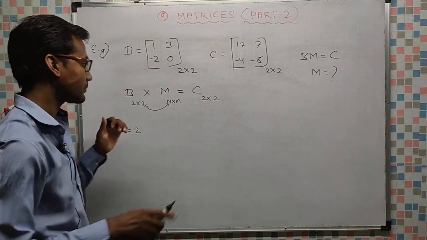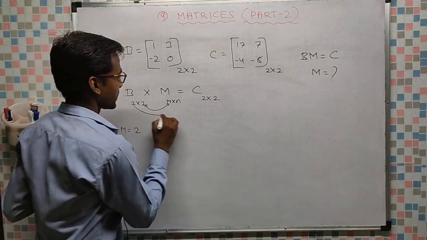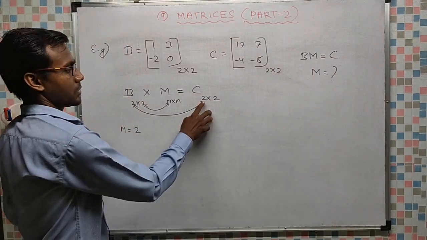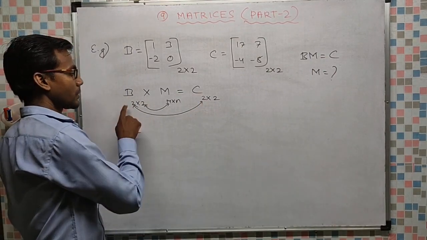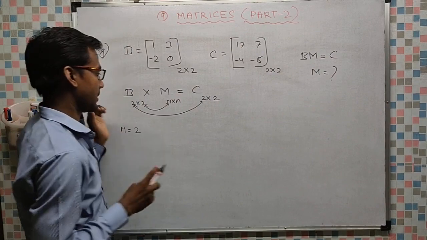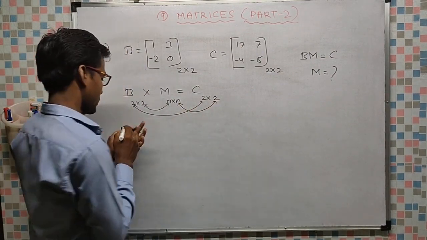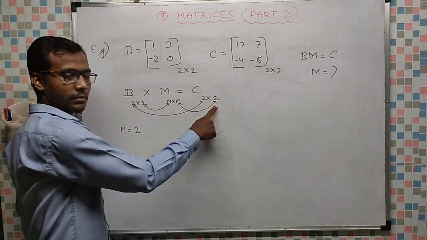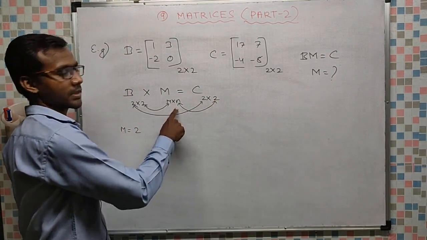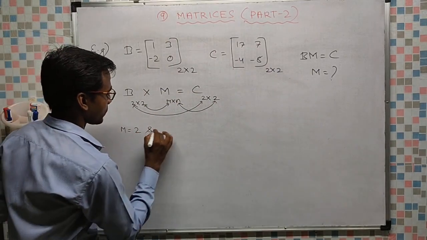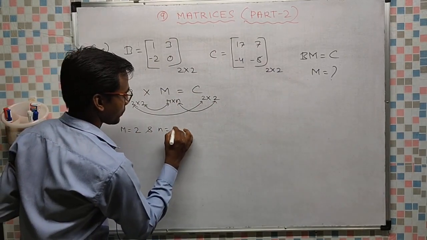Then this is equal to this: number of rows of the resultant matrix is equal to number of rows of the first matrix. Then this is equal to this: number of columns of the resultant matrix is equal to number of columns of the second matrix. So from this diagram we get m is equal to 2 and n is equal to 2 again.